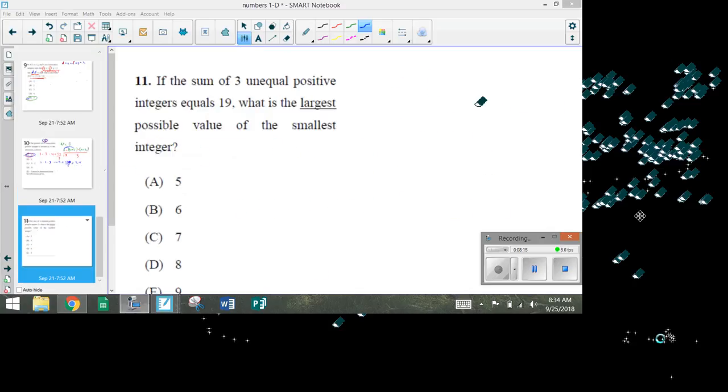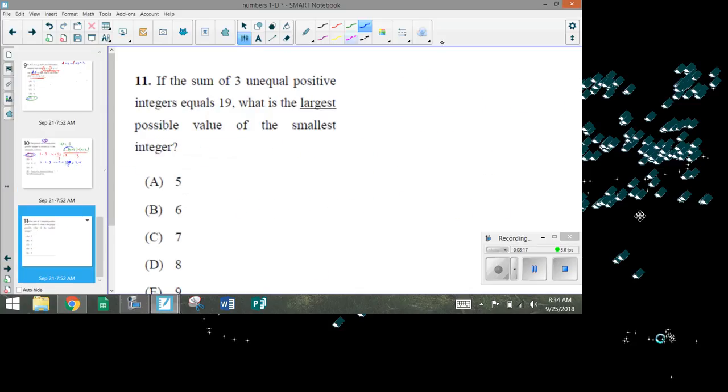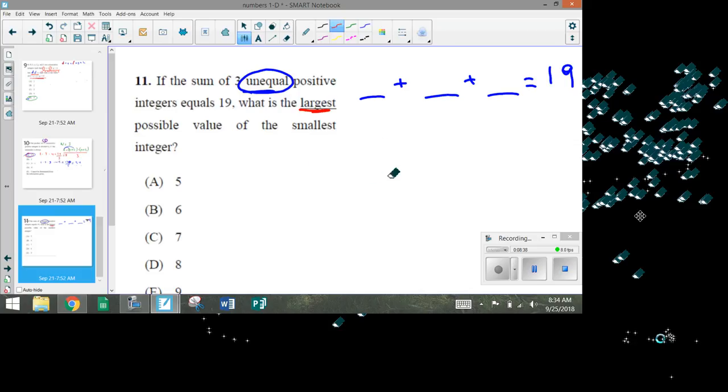If the sum of 3 positive, how many? 3. 1, 2, 3. Unequal positive integers is equal to 19. They are not equal. And we're going to focus on the largest possible value of the smallest integer.